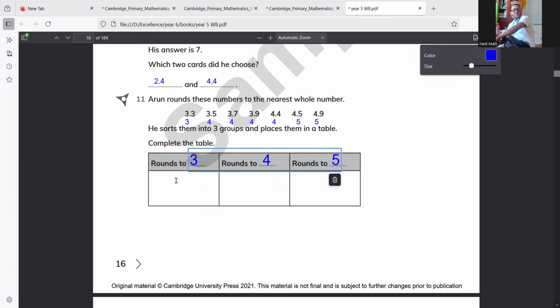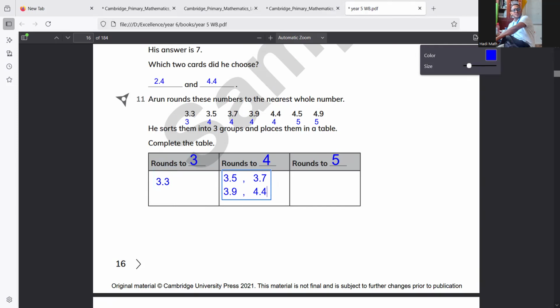Then go and write your numbers here. Those numbers that round to 3, write them over here. So we have 3.3, the only number that rounds to 3. Those that round to 4, go and write them here: the 3.5, the 3.7, the 3.9, and the 4.4.